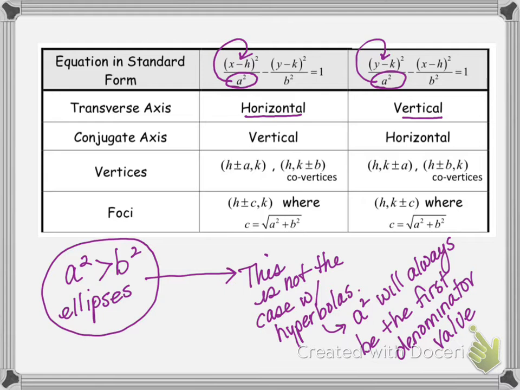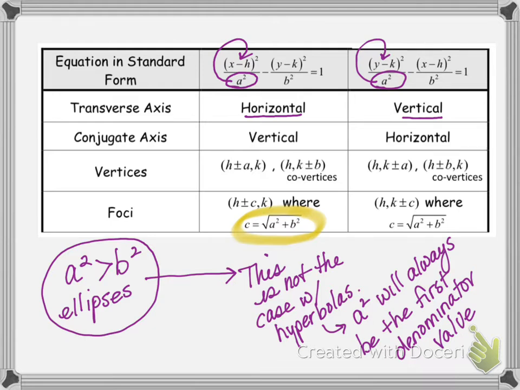So the orientation of our transverse axis, which we would call the major axis for ellipses, still remains the same in determining that, okay? I want you also to notice that the definition of foci is going to change for hyperbolas. Notice we add when it is in hyperbolas.